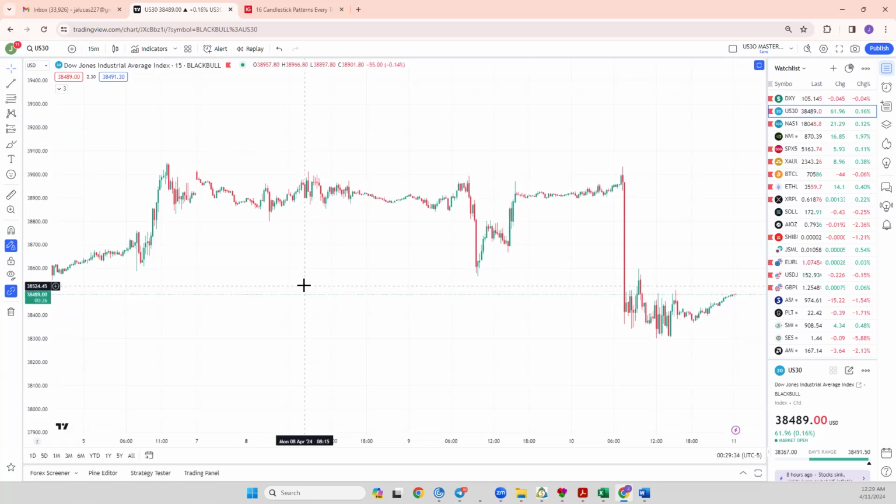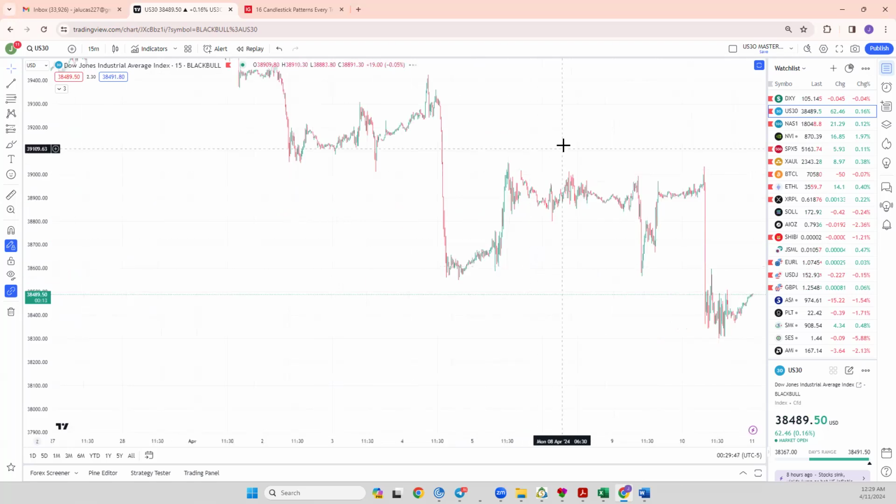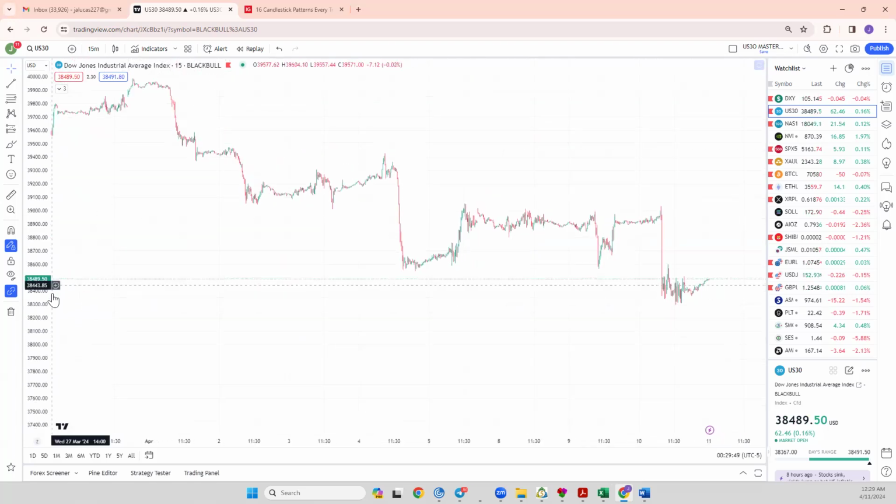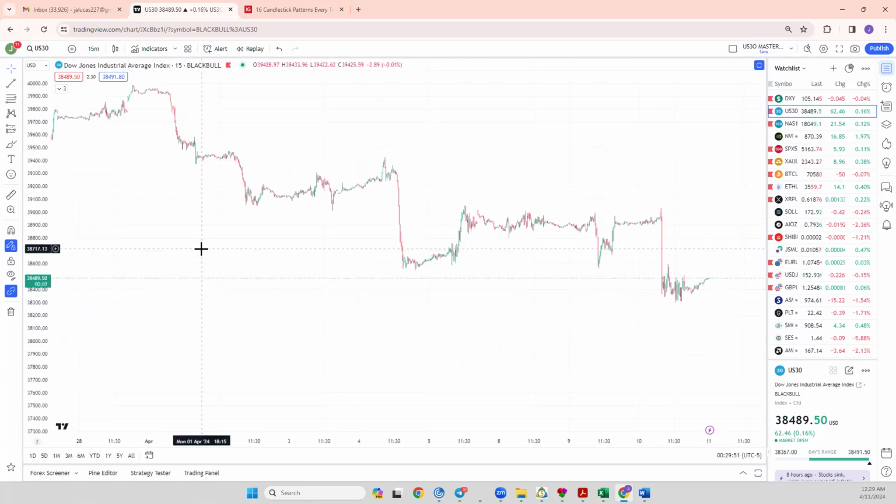So when we talk about support levels, we talk about what you call price floors. When we talk about resistance levels, we talk about price ceilings. So in the scope of the entire market, we have levels of price that were respected and were eventually broken and retested, and new levels of price were made.